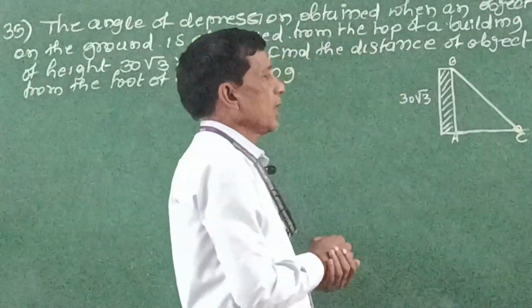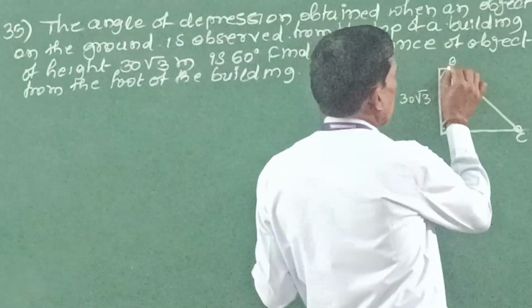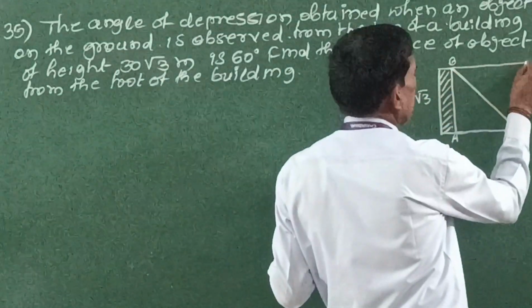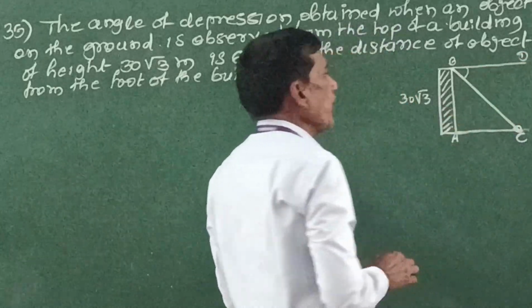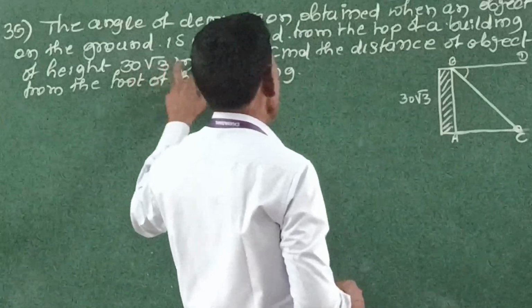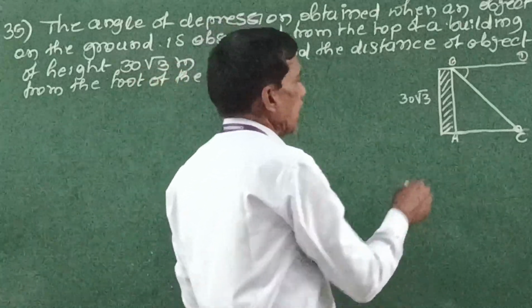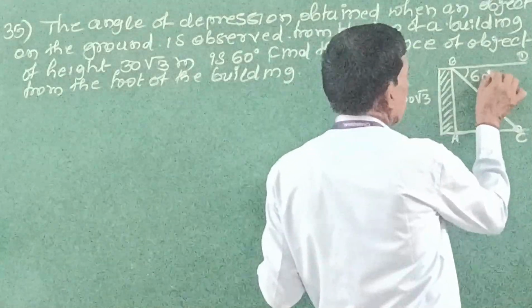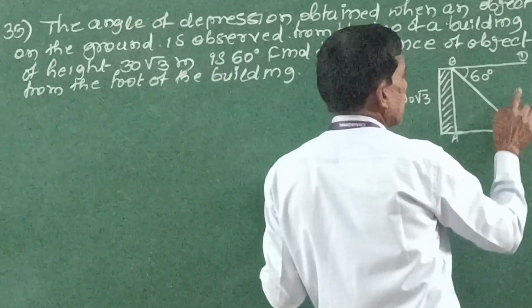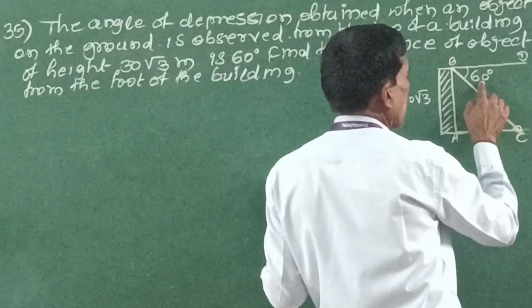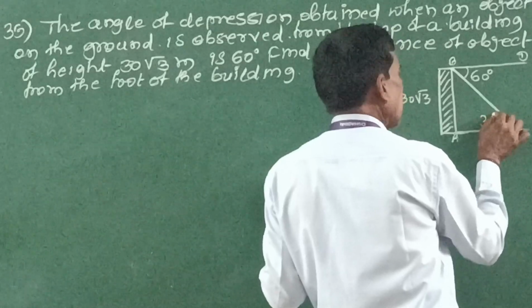First you draw a horizontal line, that is BD, and the angle of depression given is 60 degree. BD is parallel to AC, therefore angle DBC equals angle BCA.